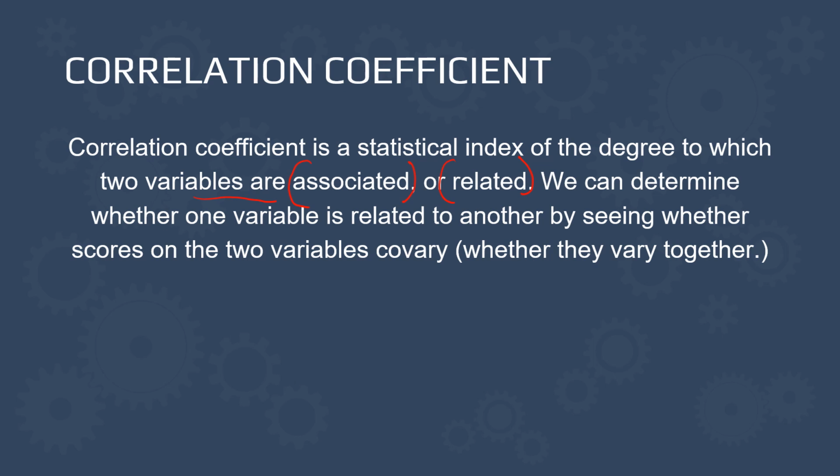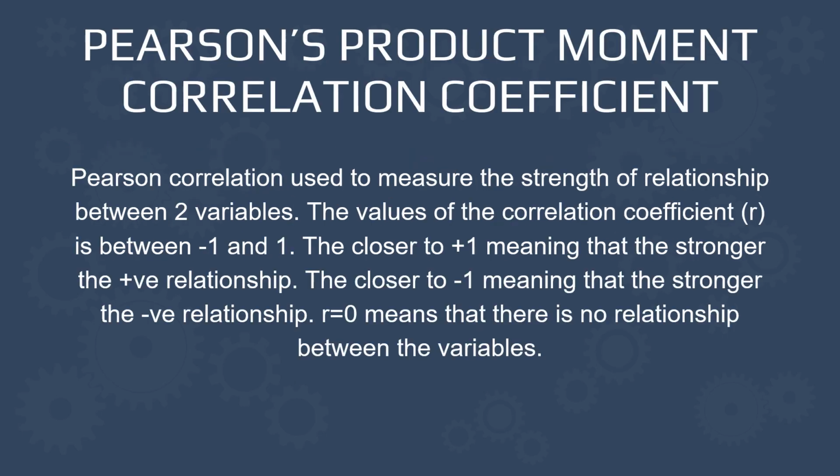The value of correlation coefficient ranges from -1 to 1. We can use this Pearson's product moment correlation coefficient to measure the strength of relationship between two variables. So how to interpret this value? The closer the value to +1, the stronger the positive relationship.